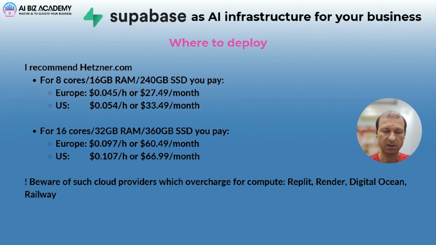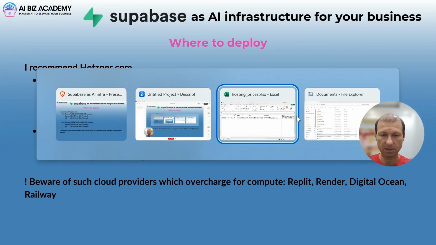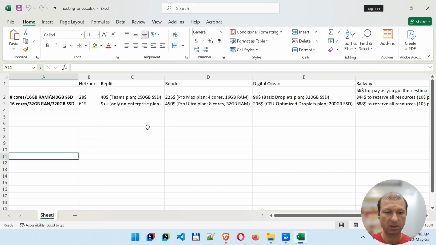So Hetzner is a very good option as it offers the best performance and cost ratio. Just for you to have an understanding why I am saying this, I made a comparison between Hetzner and these other cloud providers, where you can see clearly the price difference.